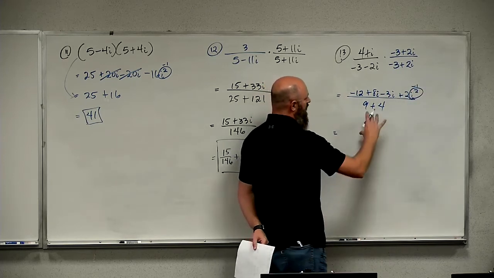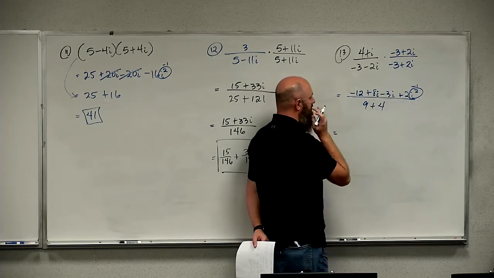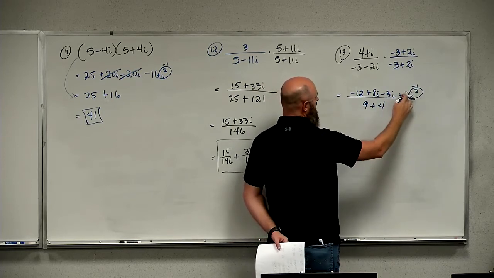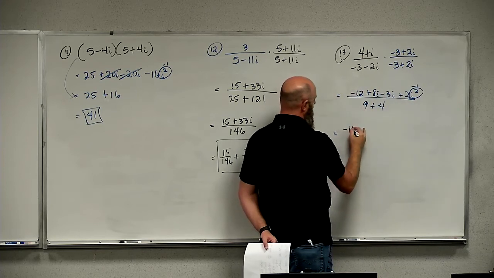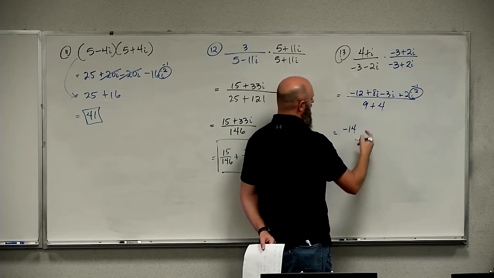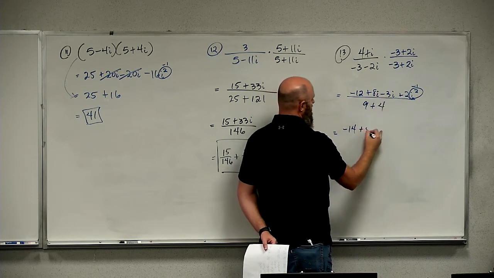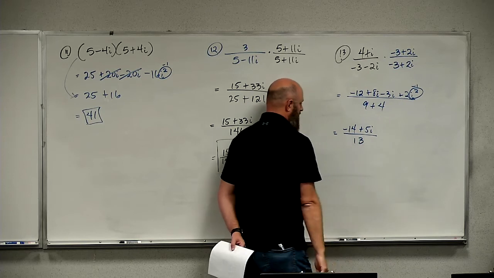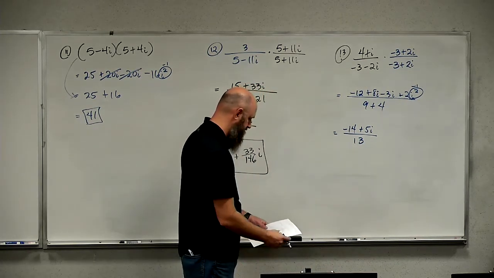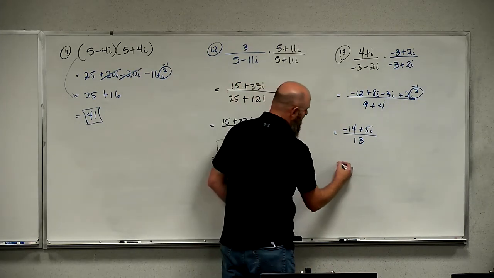Okay, I'm going to go ahead and do some combining here. We're smart enough to be able to do that. So this is really -2 and -12, which is -14. 8 minus 3 is 5. And then 9 plus 4 is 13. Okay? So we do need to separate that.